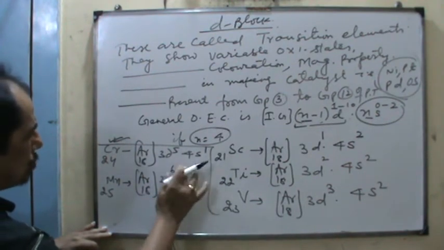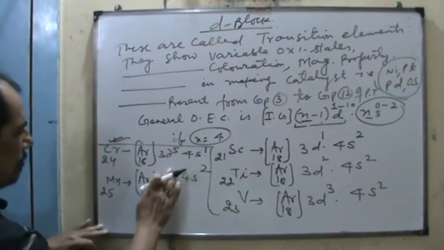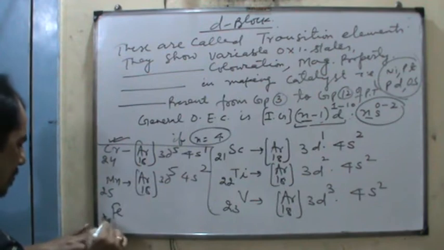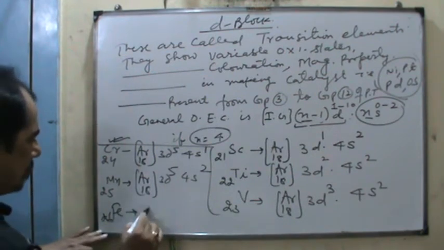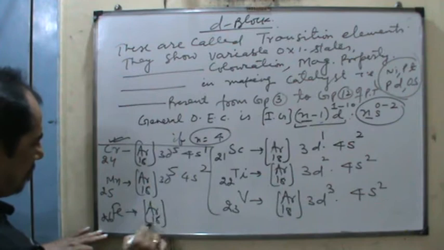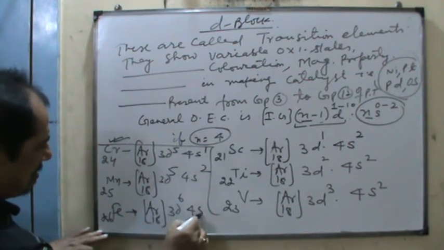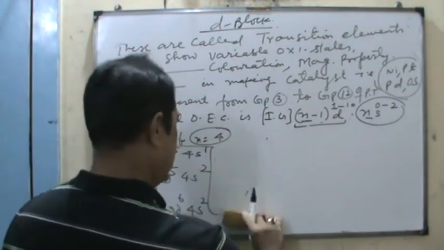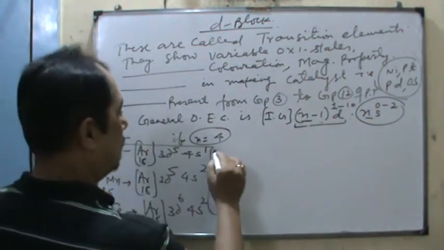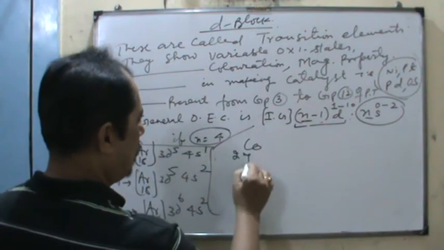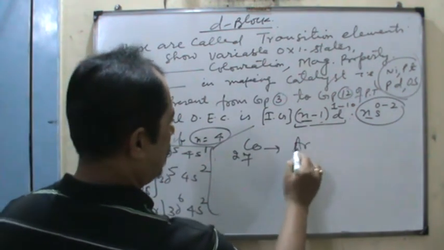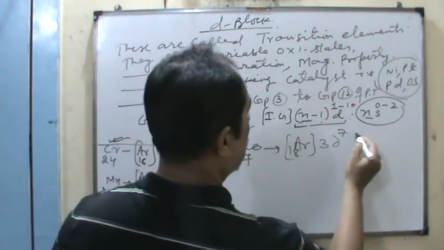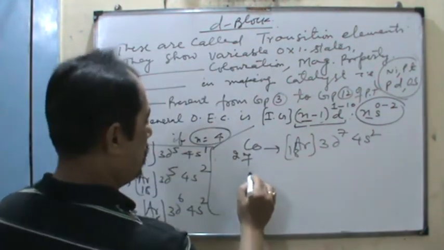3d5 4s2. Iron 26: argon 3d6 4s2. Then cobalt 27: argon 3d7 4s2.